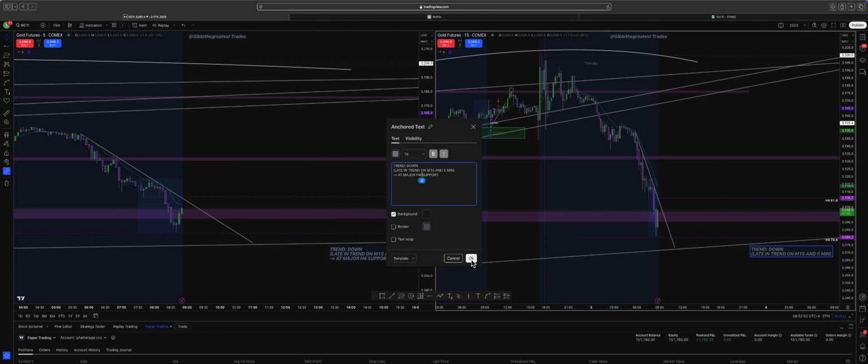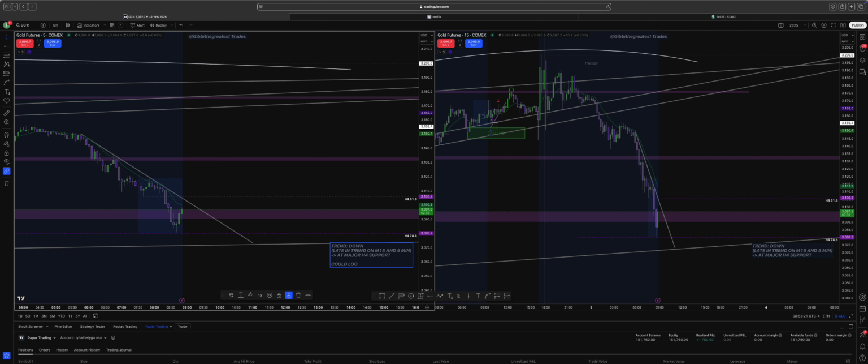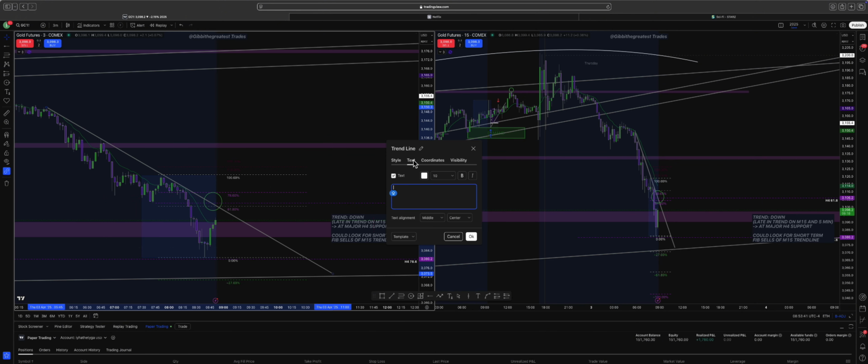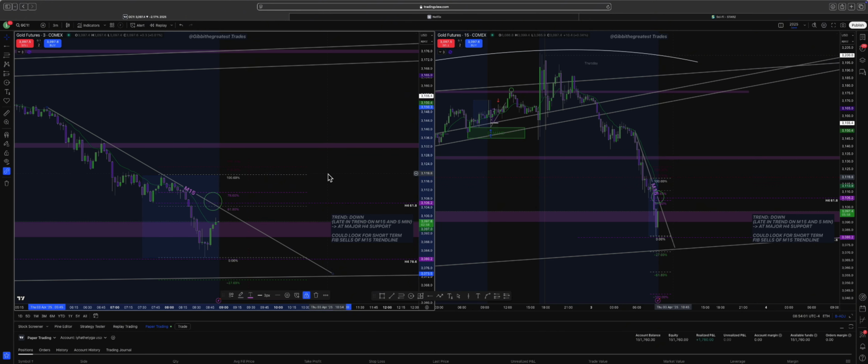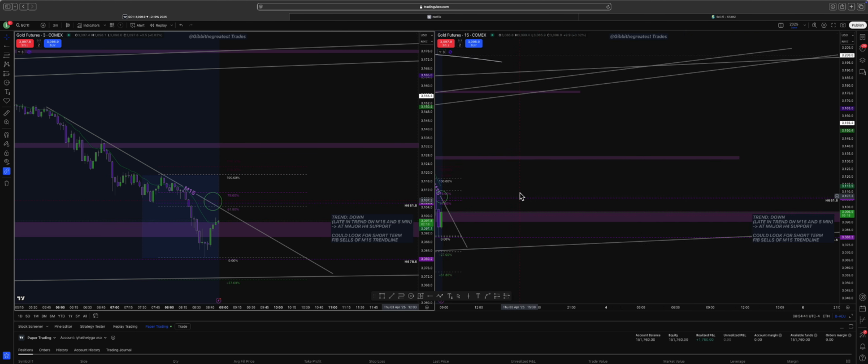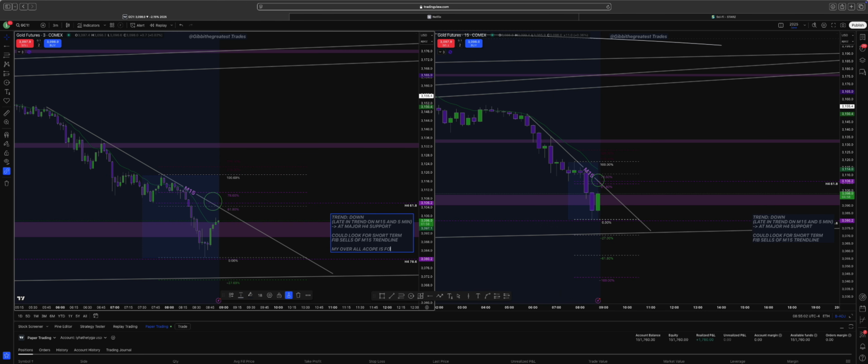And here I'm just typing in some notes so I can keep myself on track. But then I got bored and it looked like the market is slowly trying to move up. And we got this lower high and this lower low right here. And I'm like, okay, it's moving slowly up.